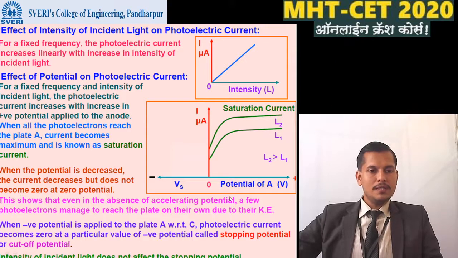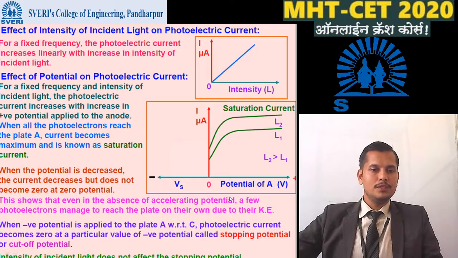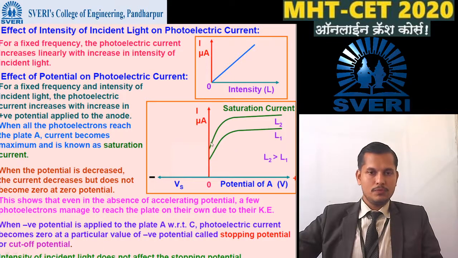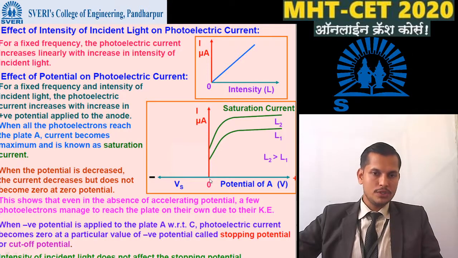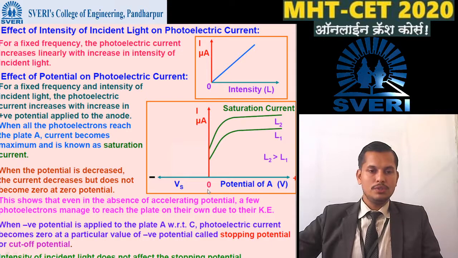This shows that even in the absence of accelerating potential, a few photoelectrons manage to reach the plate on their own due to their kinetic energy. Means we are expecting that it becomes zero at this zero potential, but a few photoelectrons are managing to reach the plate due to their own kinetic energy, and we are getting some signals.